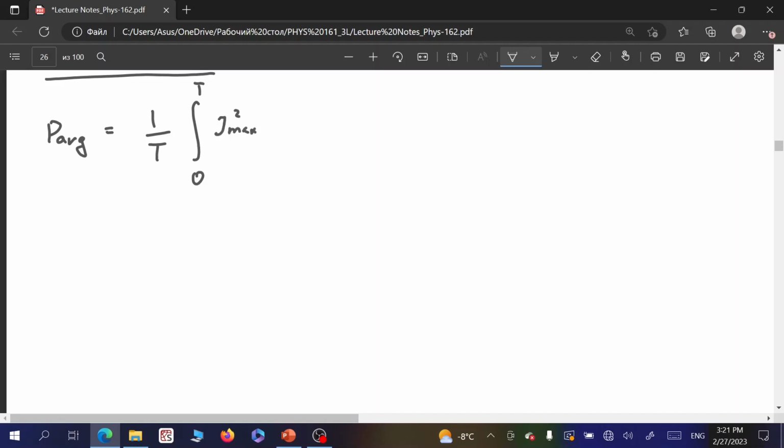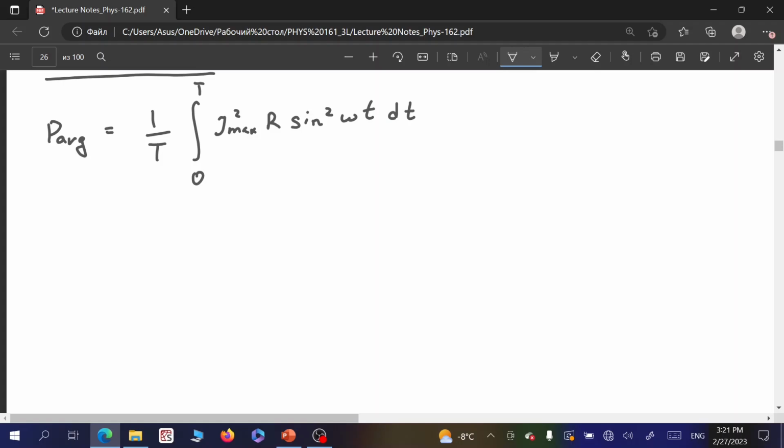P average over one period will be 1 over the period T of the AC current, times the integral from 0 to T, of I maximum squared times R times sine squared omega t dt.